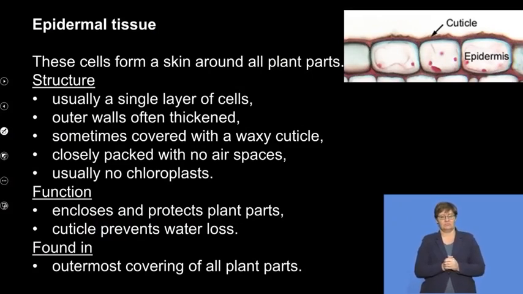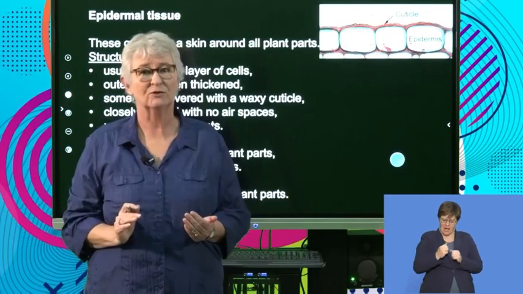If we look under a microscope, that is what the cells would look like. Fairly small cells, but the important part is they have got a lining. Most of them have a lining called a cuticle, which protects them. When you take an apple and you rub it, it looks so shiny.